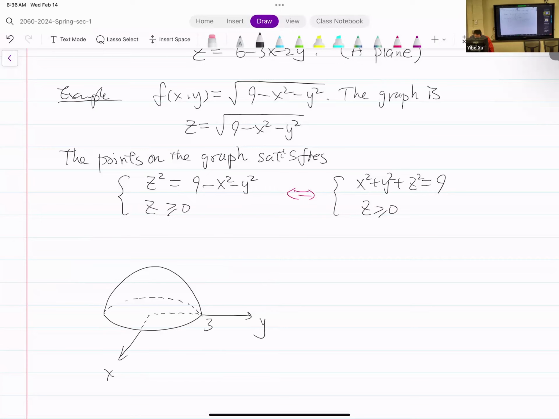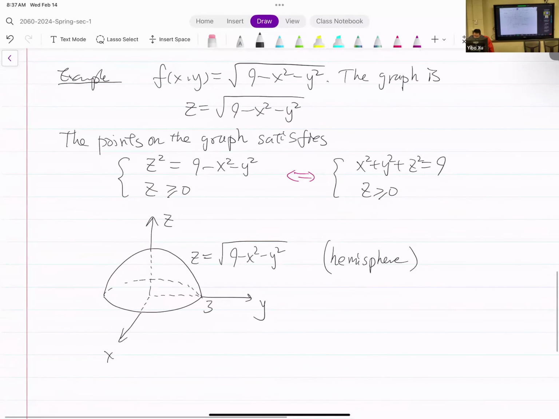So that's a 3. And then we get it up for the z-axis. So this is the graph of our bivariate function here. And this is the upper half of the sphere, right? So this is the hemisphere. That's good.